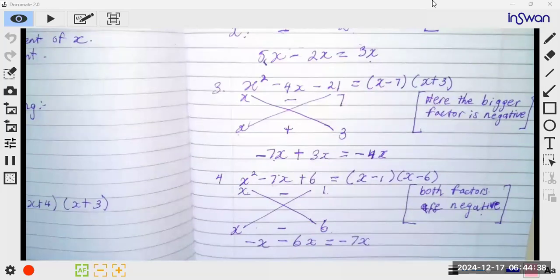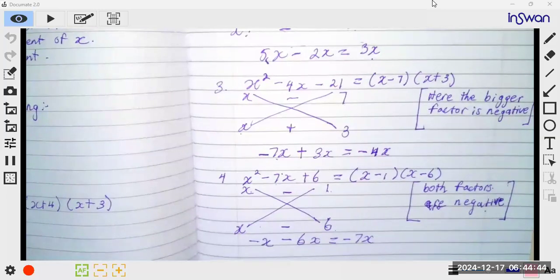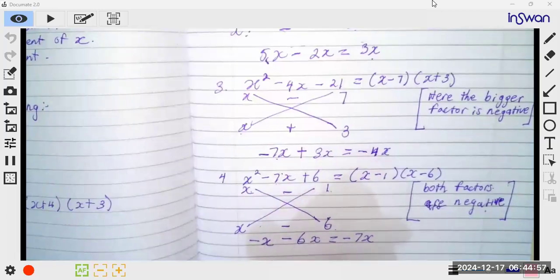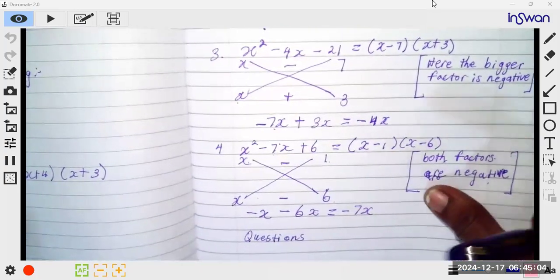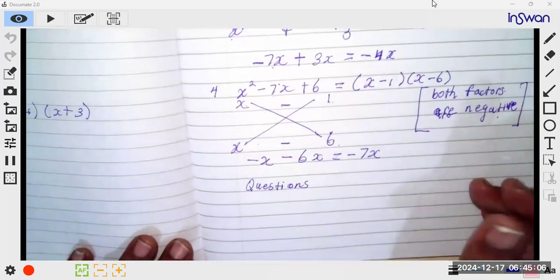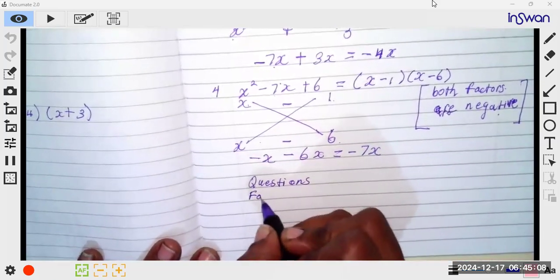All right. So I'll give you some questions to do along the same line. So these will be the questions. Factorize the following.